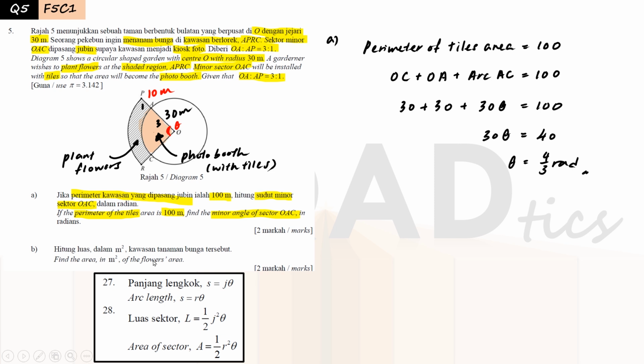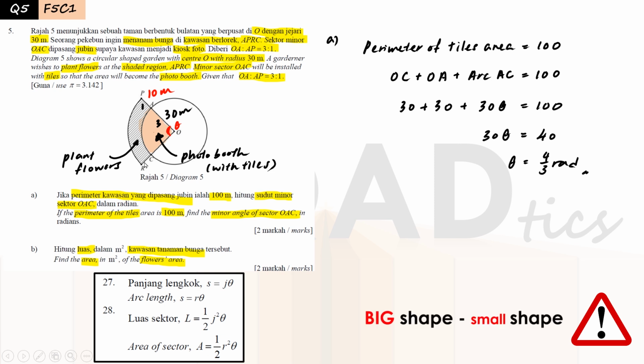And for part B, we need to find the area of the flowers area, which is the shaded region here. So what we can do is use this technique: big shape minus the small shape. Big shape means we find a recognizable shape that includes the shaded region. For example here, the sector OPR. As you can see, it includes the shaded region.